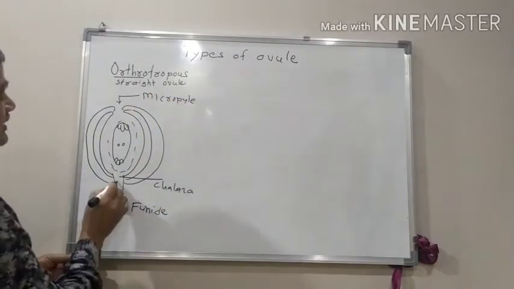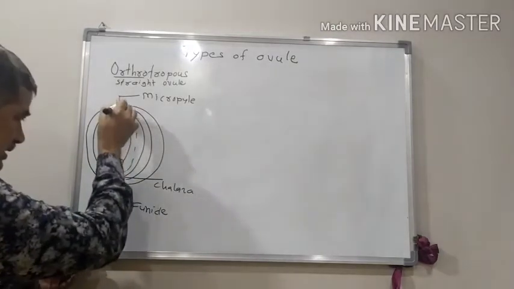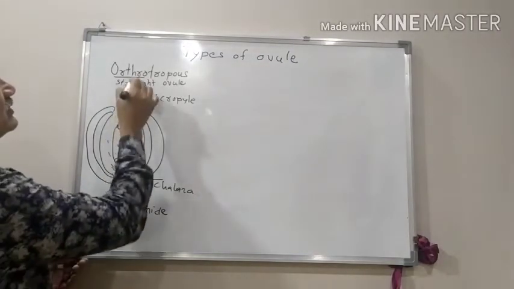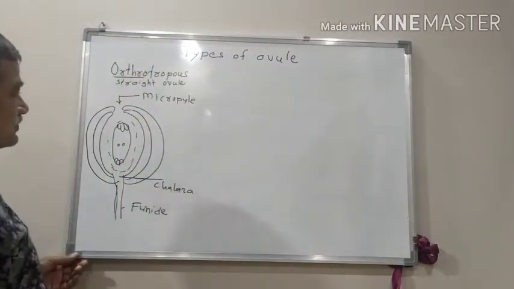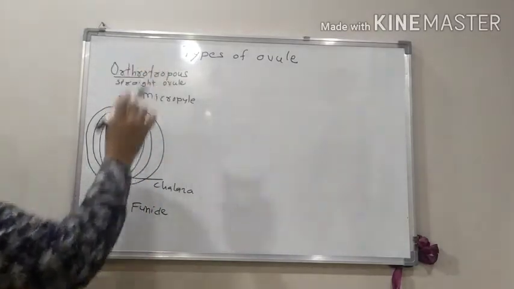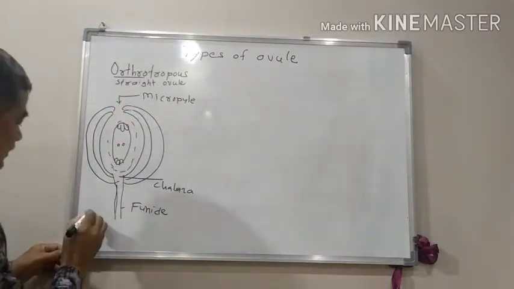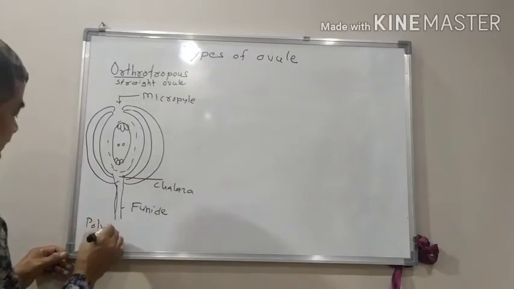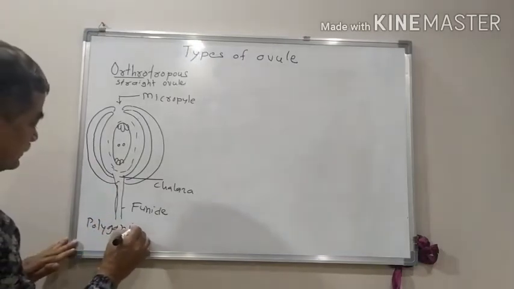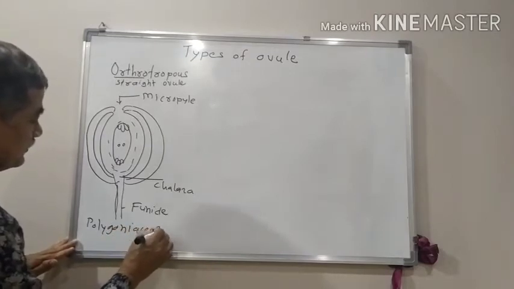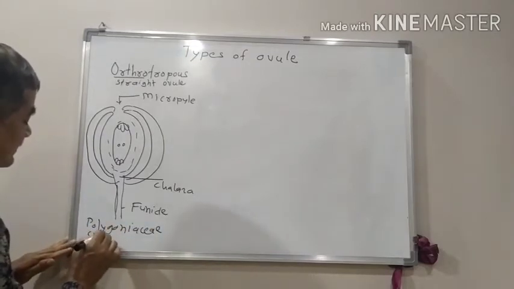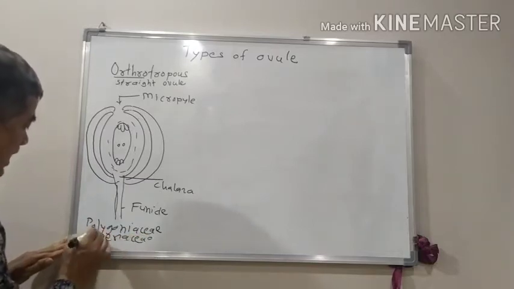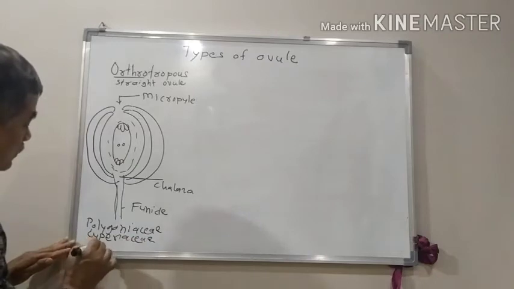When the funicle, chalaza and micropyle lie in a straight line, this type of ovule is known as the orthotropous ovule. The orthotropous ovule is a characteristic of the family Polygonaceae, Cyperaceae, and all gymnosperms.